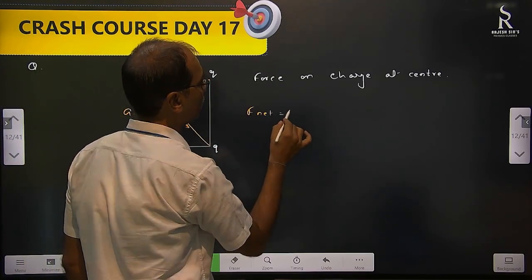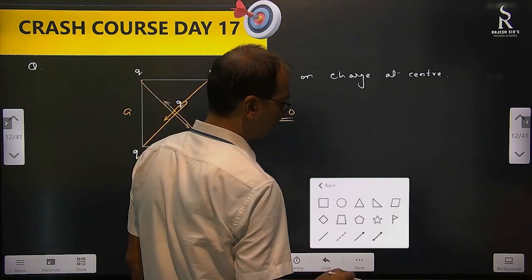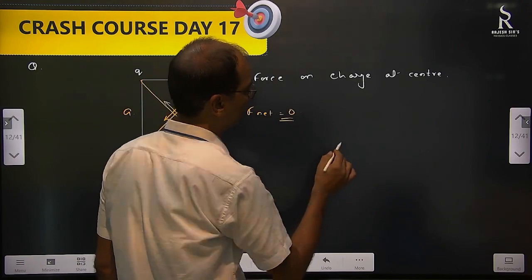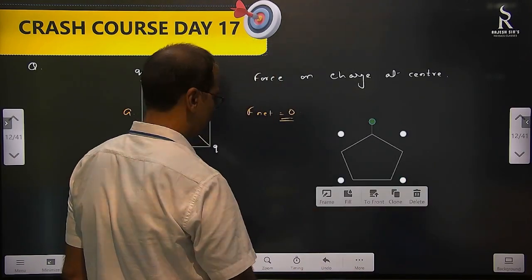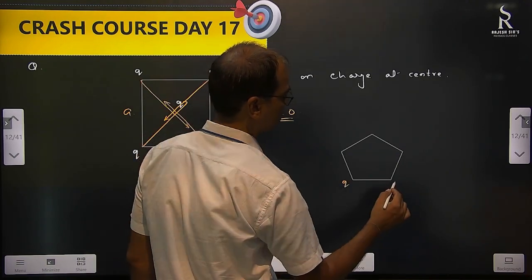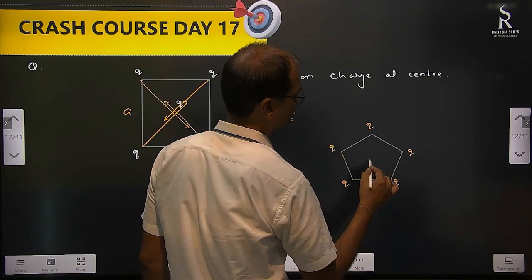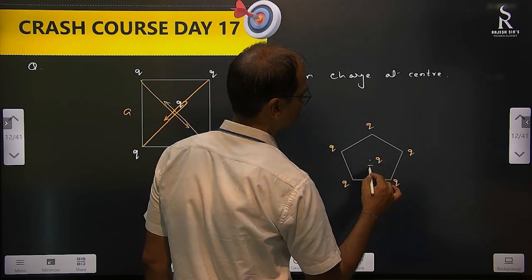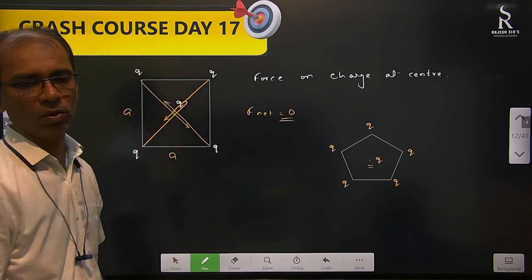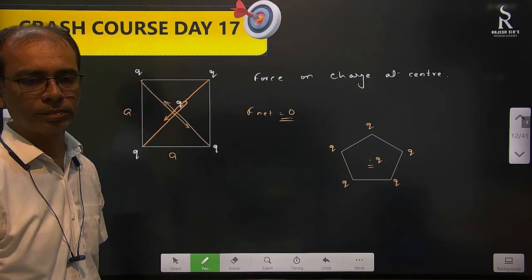Is it going to happen in all regular polygons? Answer is yes. Even if it is a pentagon, the same thing is going to happen. If it's like this, this is Q, this is Q, this is Q, this is Q, and this is Q, and you are keeping a charge at the center, the force on the charge at the center is still 0. In any regular polygon, it will be 0 only.